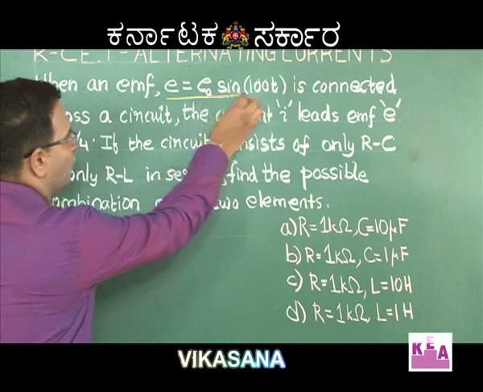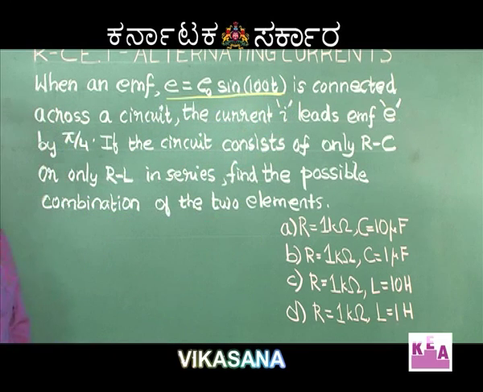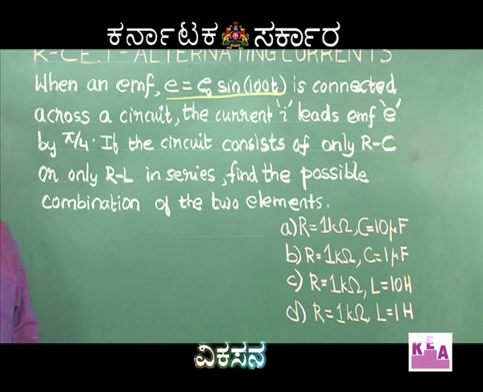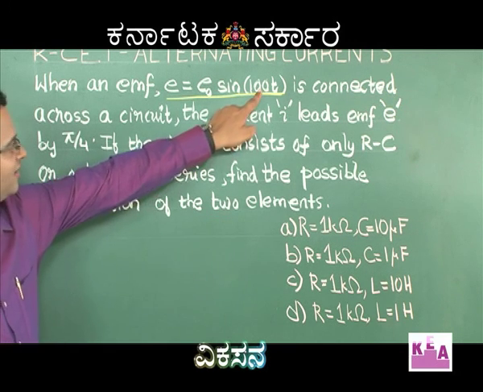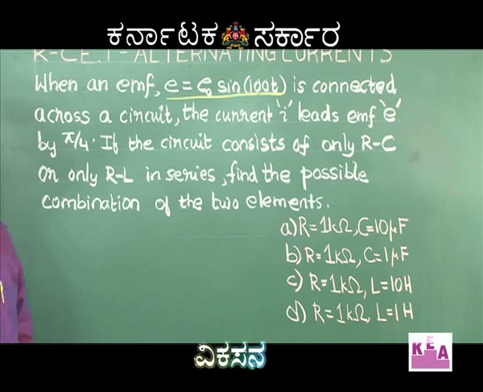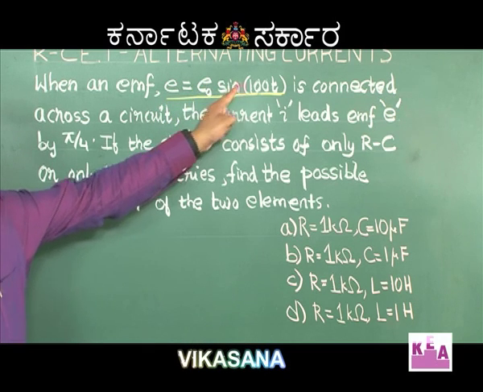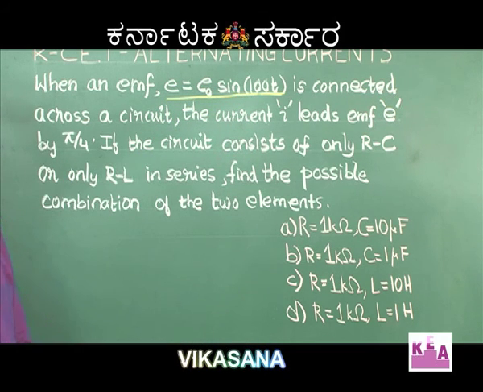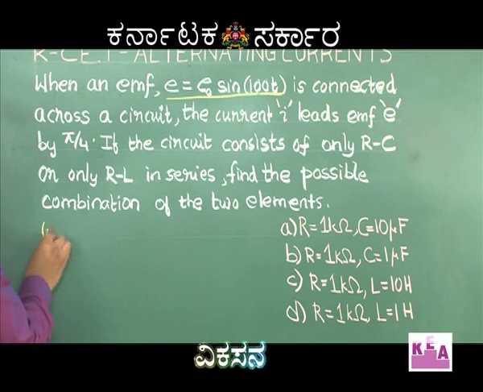From this, one piece of information that we will take is the value of omega. The value of omega is 100 because we know E is equal to E naught sine omega t. Here we have 100 in place of omega, so the first thing that we will take down is omega is equal to 100 radians per second.